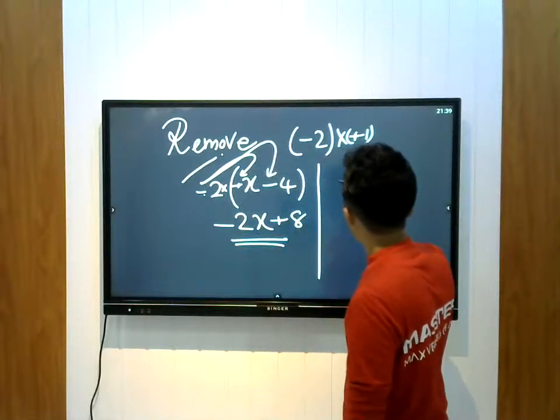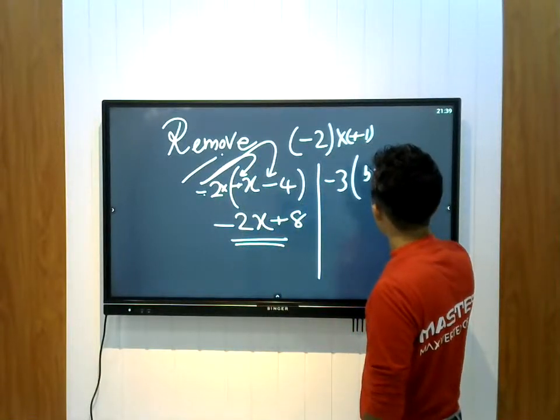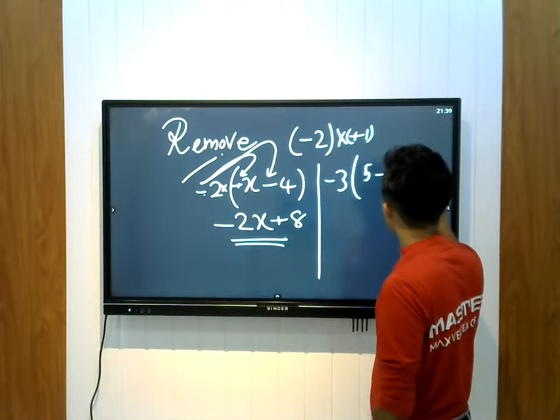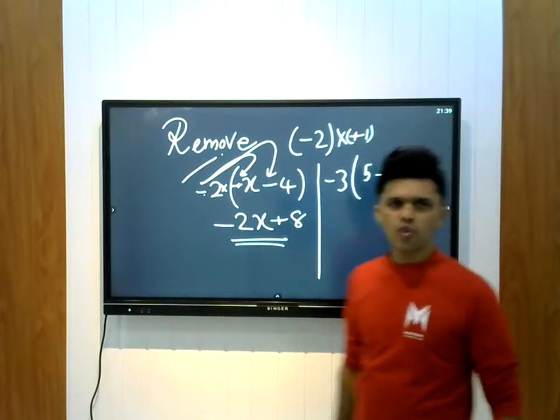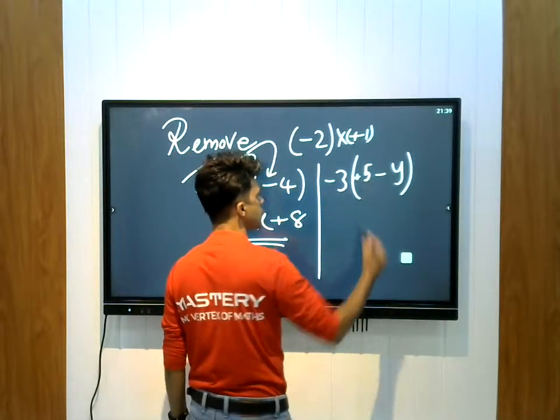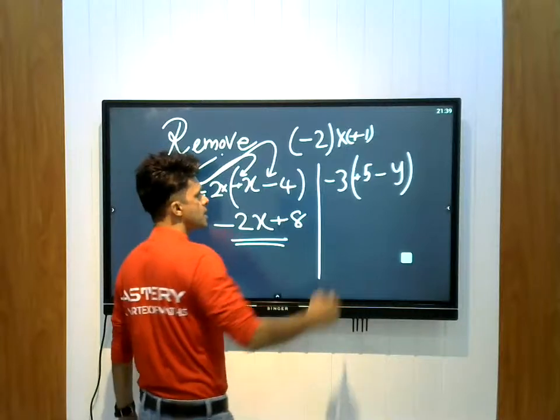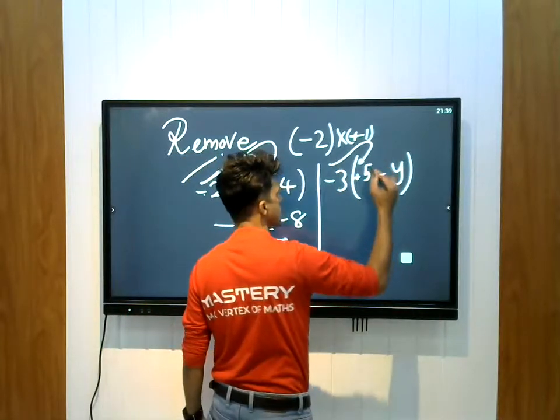This type of one. Minus 3 into y minus 5. How can you remove the bracket of this one? Here minus, here plus. Yes, we learned that minus into plus is minus.